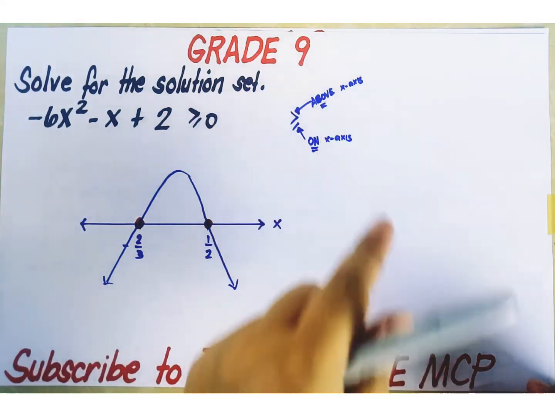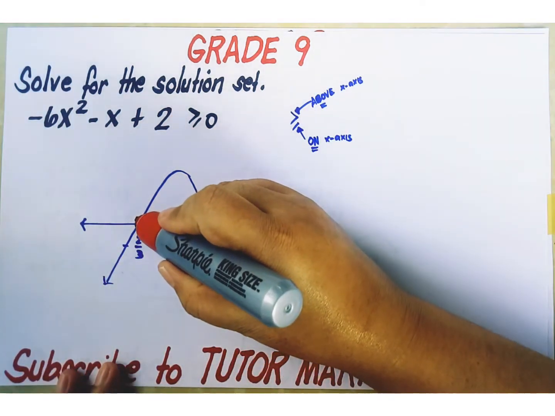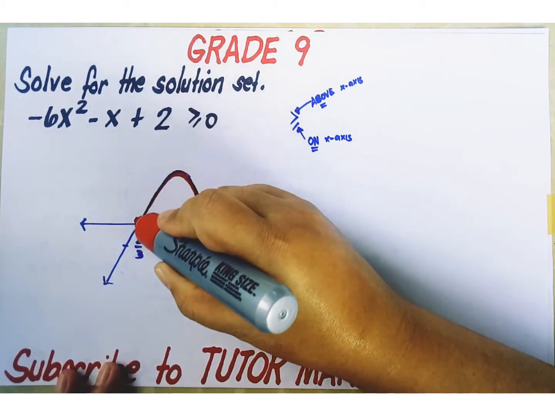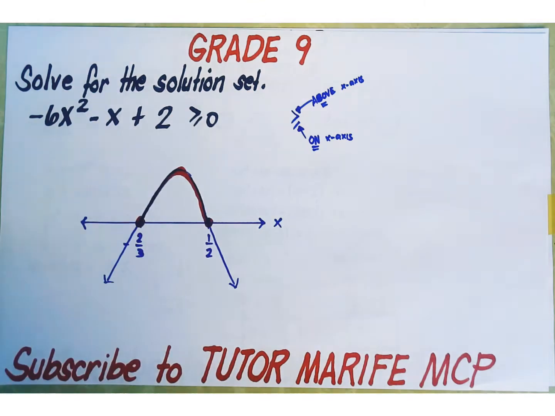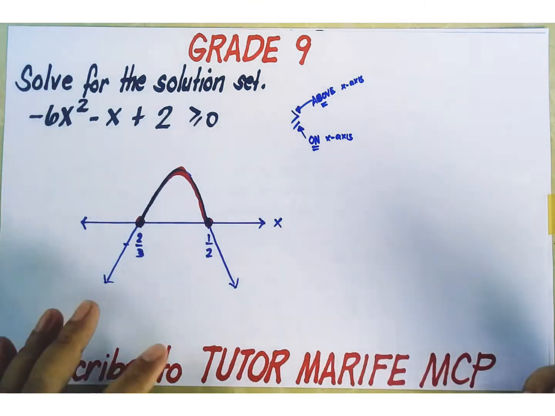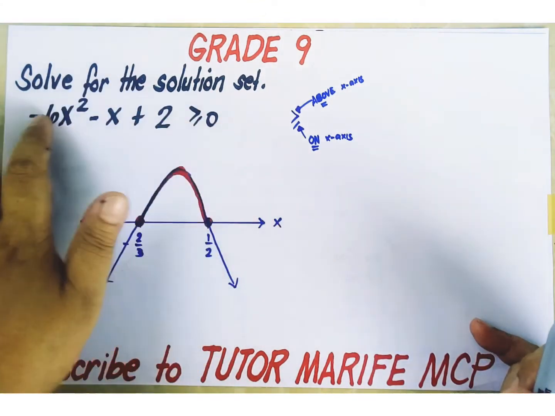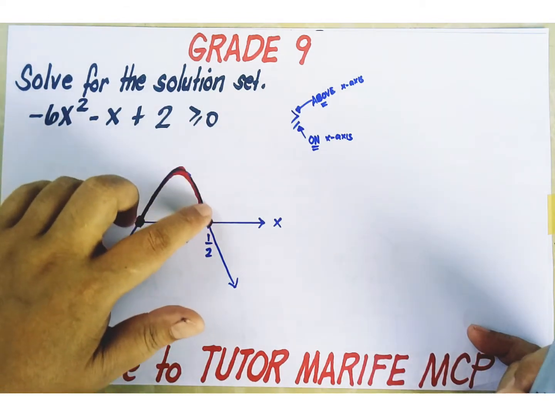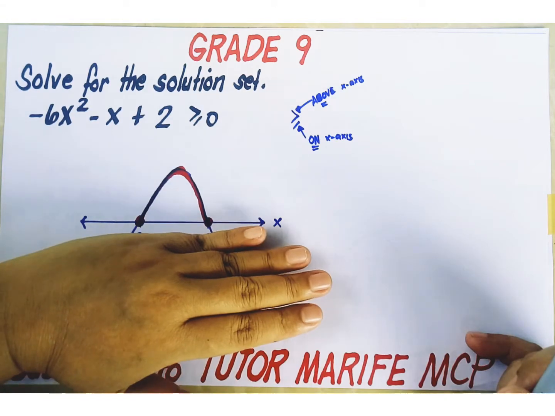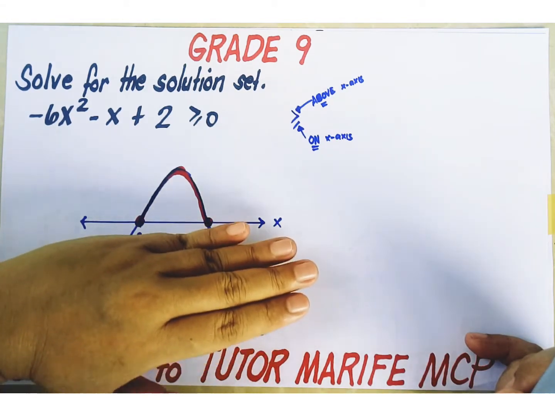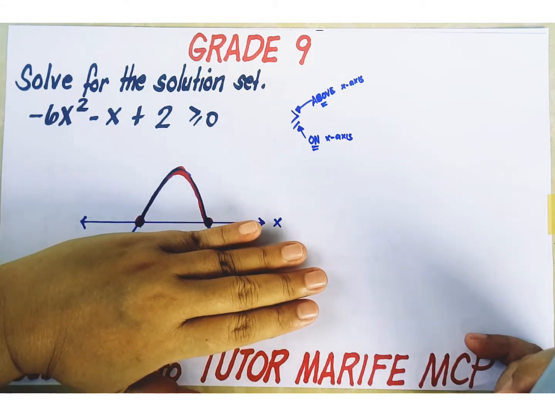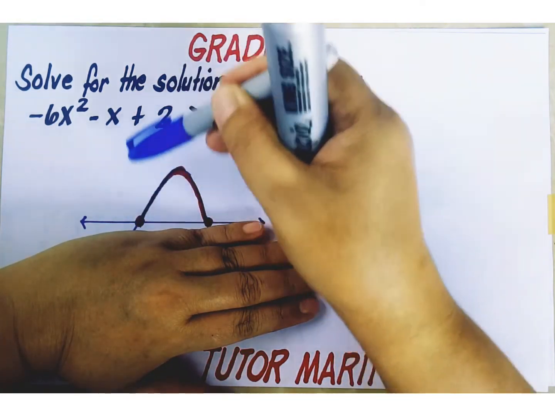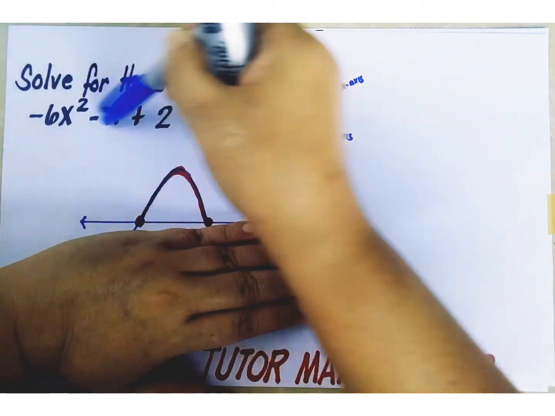Points above the x-axis, all these points. Okay, so if you're going to graph this quadratic inequality, it's actually this portion of the parabola. I'll cover the portion of the parabola below the x-axis. This portion is the graph of this quadratic inequality.